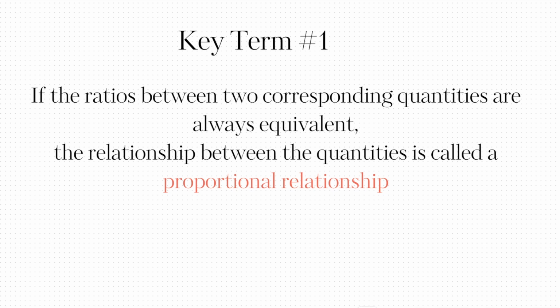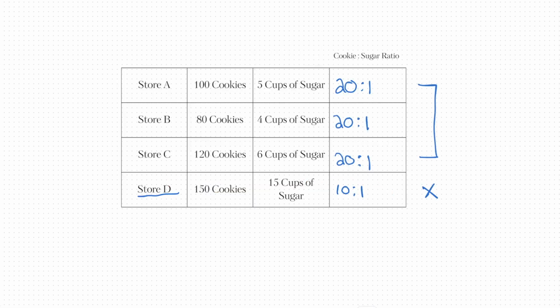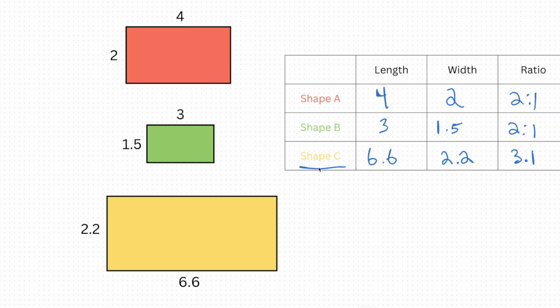If we go back to the cookie problem, notice the ratio of store A, B, and C were all the same. So store A, B, and C had a proportional relationship, but store D did not. Going back to the problem with the rectangles, shape A and shape B had the same ratio. So A and B had a proportional relationship, where shape C did not.